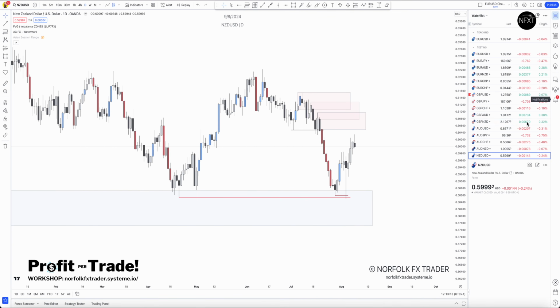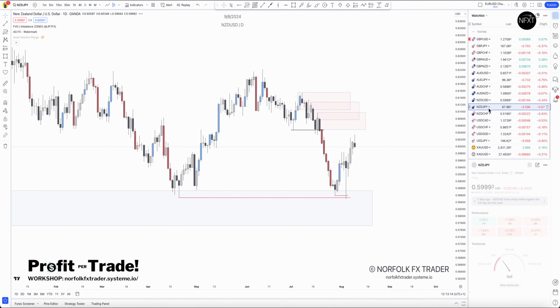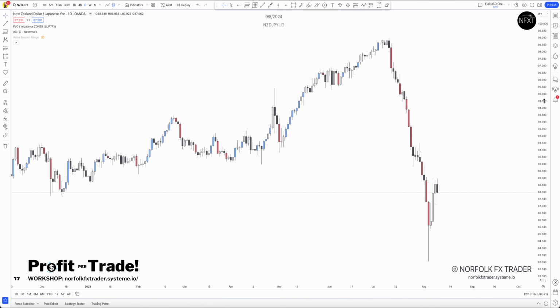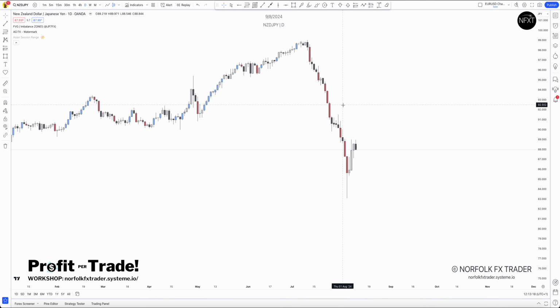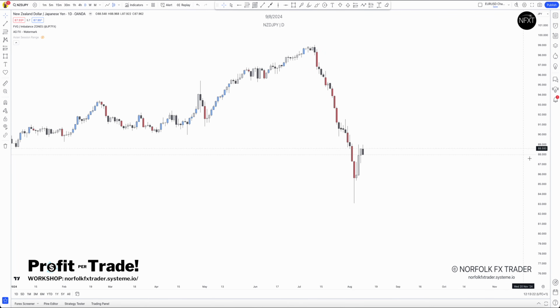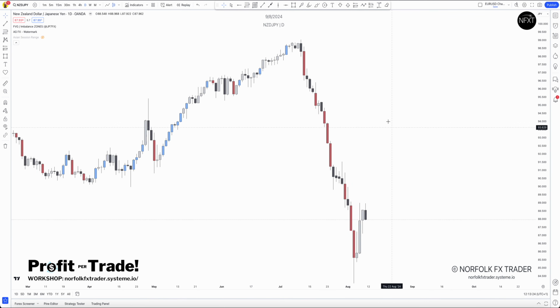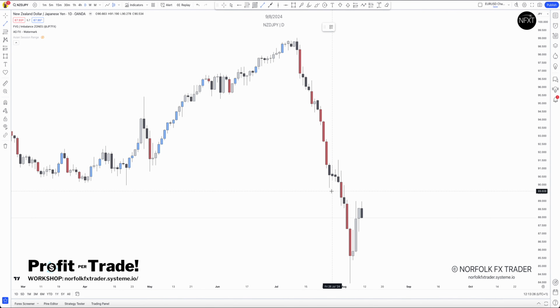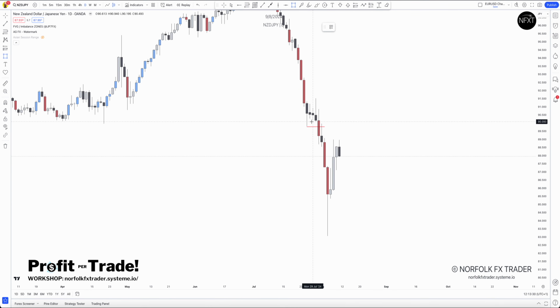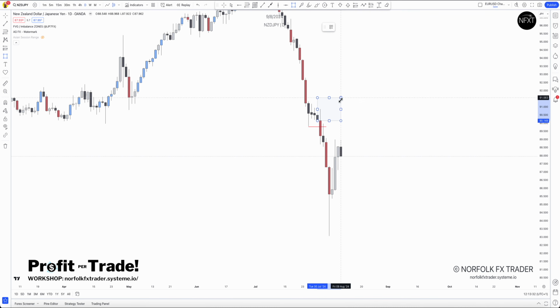Let's look at the next pair in this, which is the New Zealand Japanese yen. Now look at the strength at the moment with the Japanese yen. Very, very strong push to the downside there, showing some weakness on the New Zealand. The last break of structure we can mark is right there. This creates this area of supply.